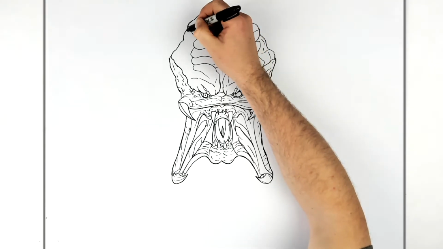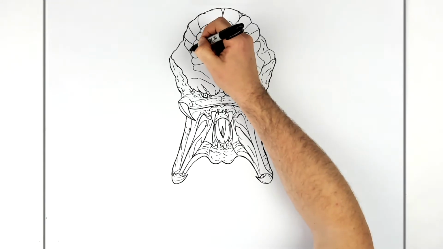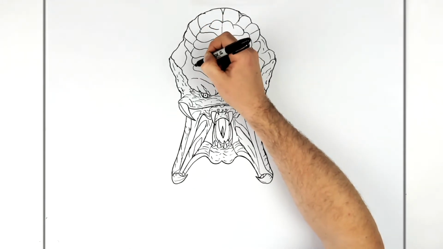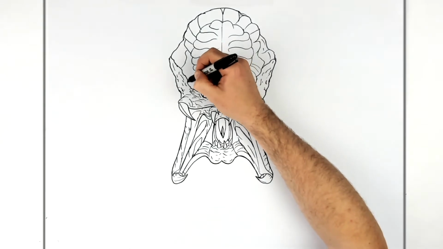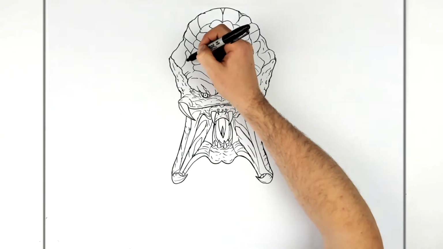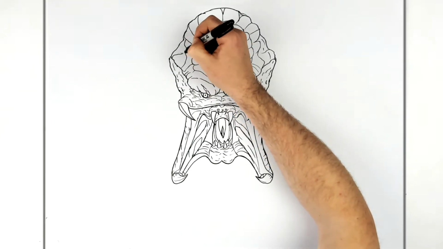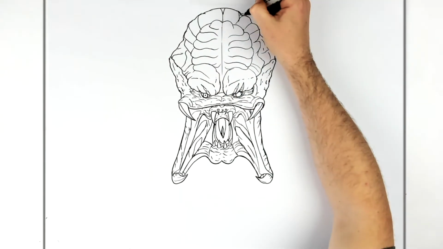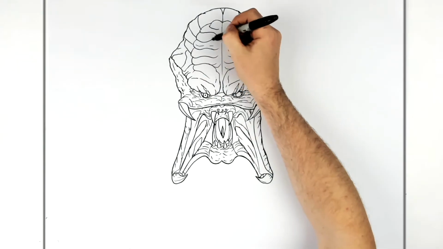Now, I'm copying the image kinda. I'm not worried too much, you know, if I get it perfect or not. Okay, so that's like his skull. And then like more texture on this if you want.